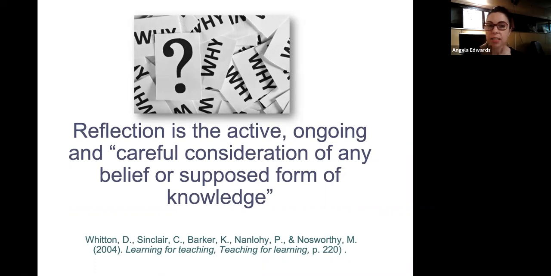So reflecting is, as it says on the slide, the active, ongoing and careful consideration of any belief or supposed form of knowledge. So that is the definition from Witten et al. 2004.